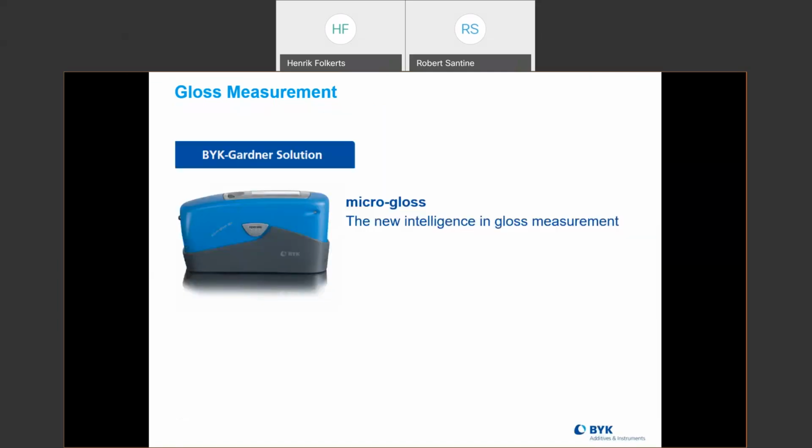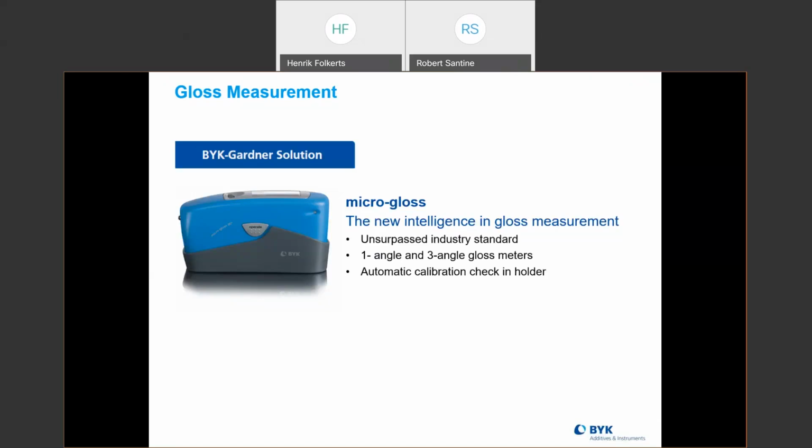So our solution for gloss is called the microgloss. It is an industry standard, a very well-known, well-established gloss meter. You can buy them in single angle or all 3 angles in one. You can take just one measurement and get gloss values at 20, 60, and 85 degrees in 1 meter.